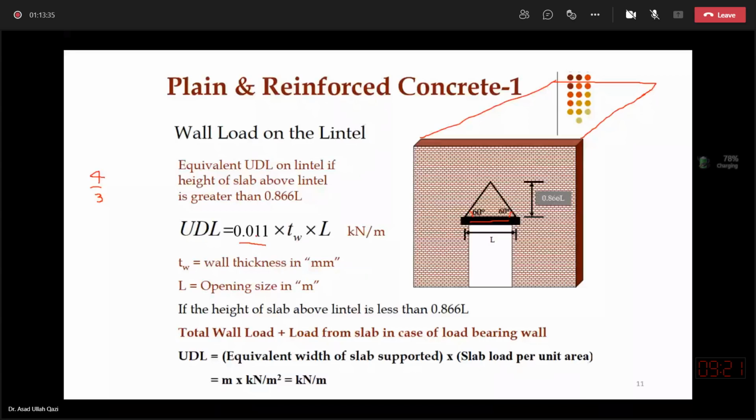You need to decide the thickness of the masonry wall over the lintel like we did on the previous slide, and you need to multiply it with the length of the lintel to get finally the service load on the lintel, and finally you will multiply this with 1.2 to convert it into ultimate UDL.